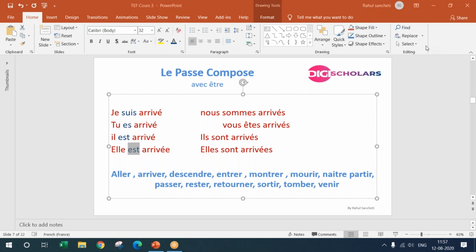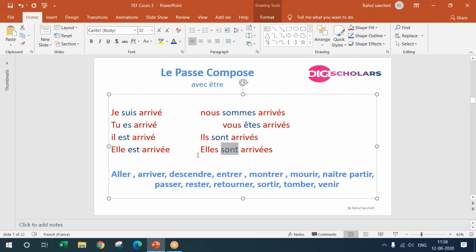Which verb is this? No, Amreen, it's not avoir. It's an être verb. It's already written on the top: Le passé composé avec être. That means it is the past tense with the être verb.